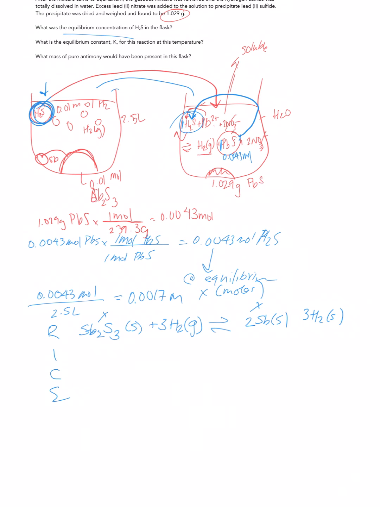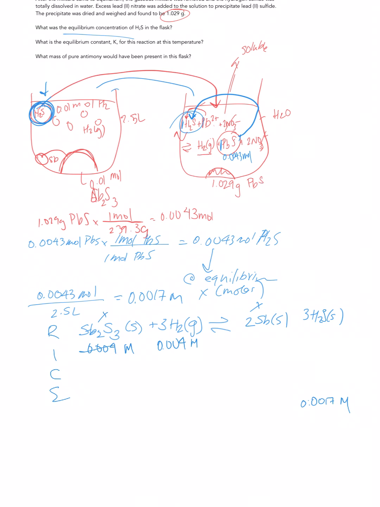What we're going to do here is we know that at equilibrium we have 0.0017 molar of H2S. Now, we know initially we started off with 0.004 molar of H2.